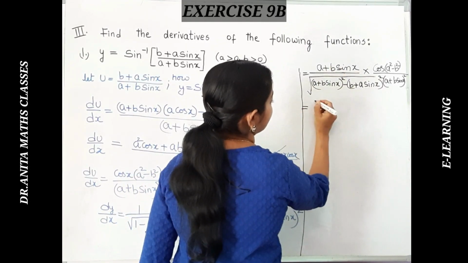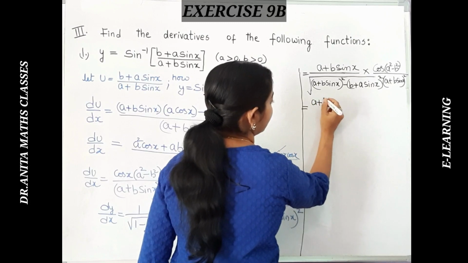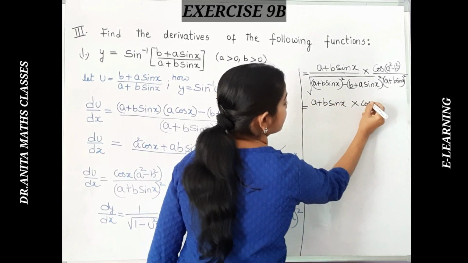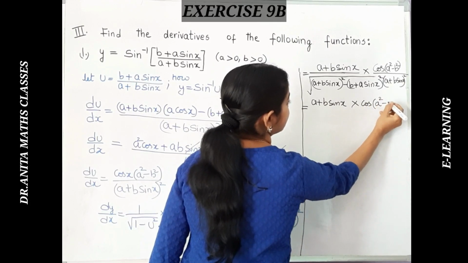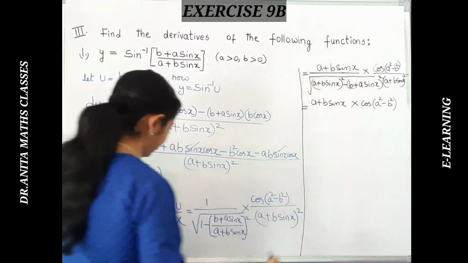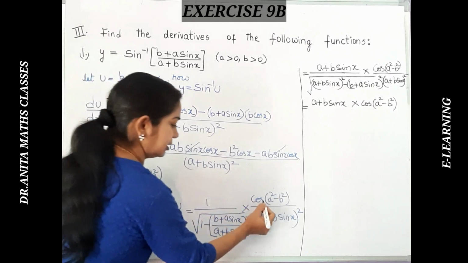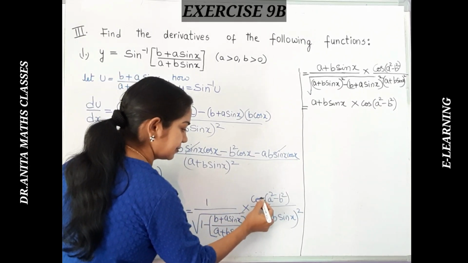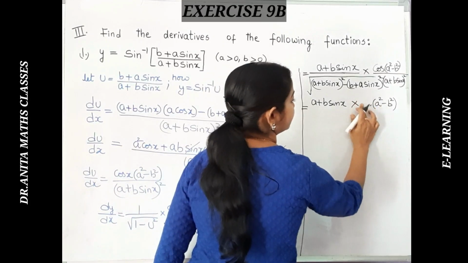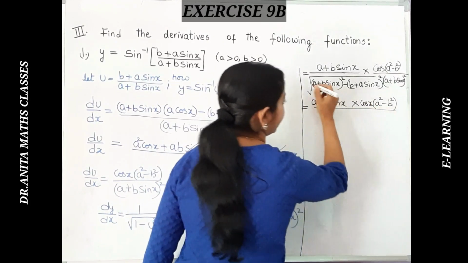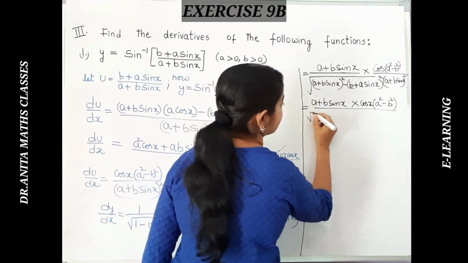See here, this becomes a plus b sin x multiplied by cos x into a square minus b square. Cos x into a square minus b square, is it? Yes, cos x. Sorry, here cos x is there. Cos x into a square minus b square divided by, let's open up this.